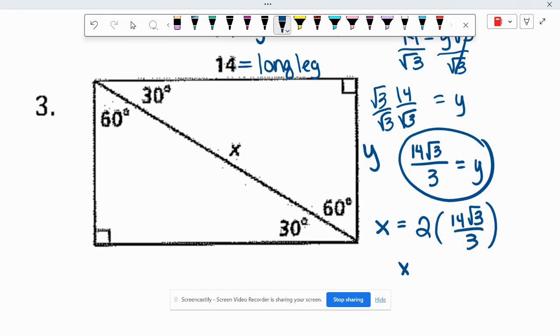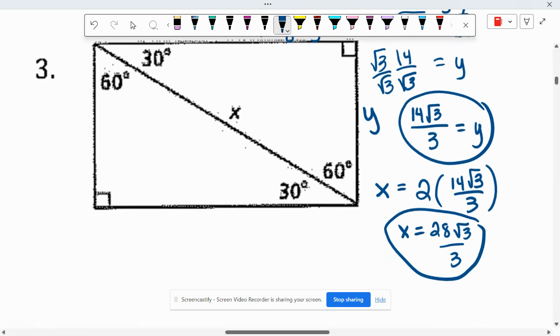What is 2 times 14? So 28 root 3 over 3. I know the numbers aren't pretty, but that's how it works.